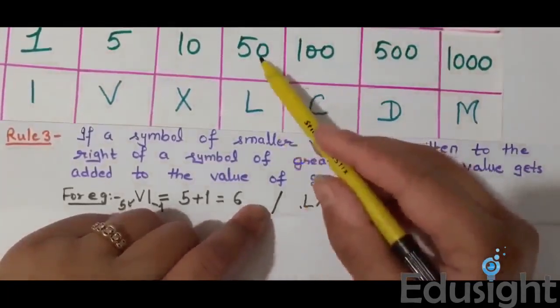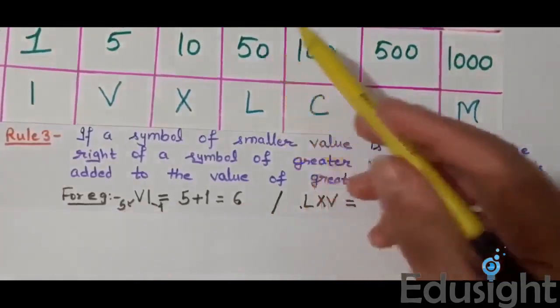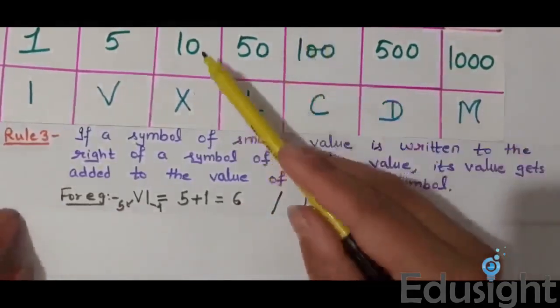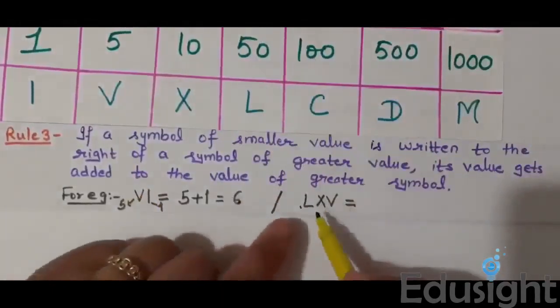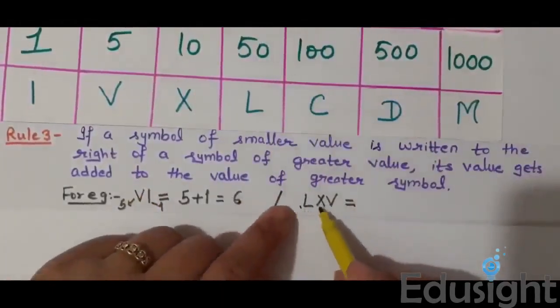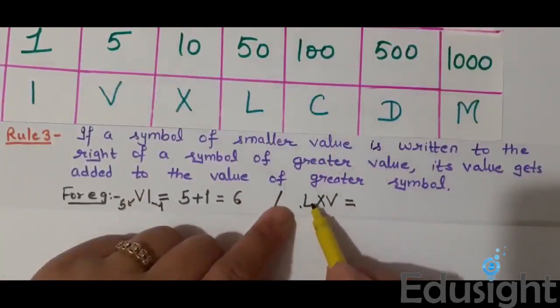You can see in the table. Now, X is for 10 and V is for 5. First of all, take the first 2 symbols. X is smaller than L, right? 10 is smaller than 50. So, we will add them, and X is written on the right side of L.